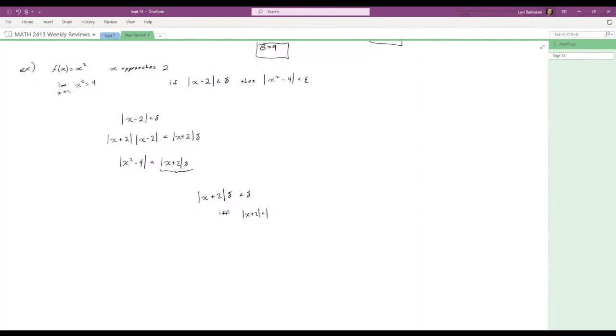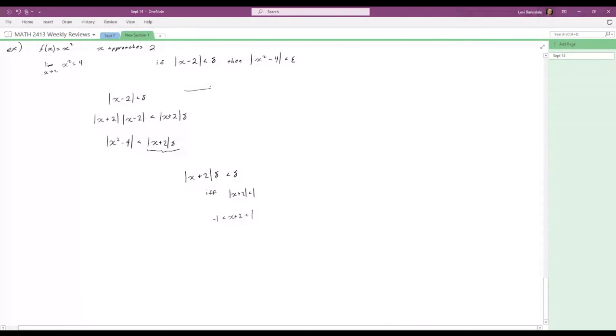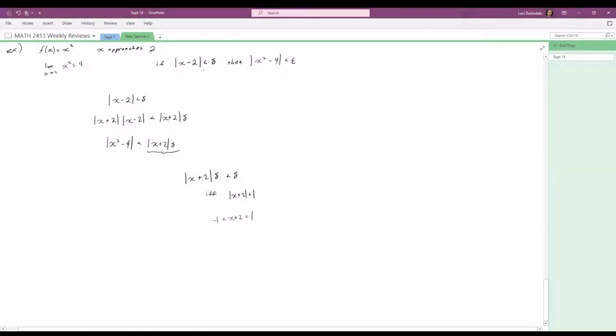Well, then I can say that x plus 2 is bigger than -1 and smaller than +1. So then, if I want to turn it back into x minus 2, because I know how x minus 2 compares to delta, I could subtract 4 from all bits of this.